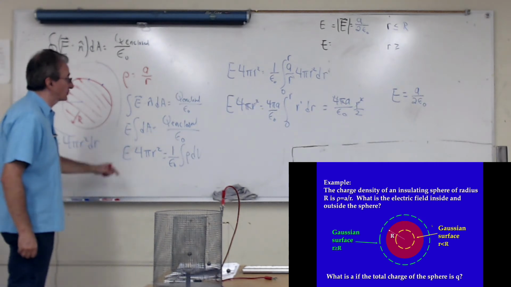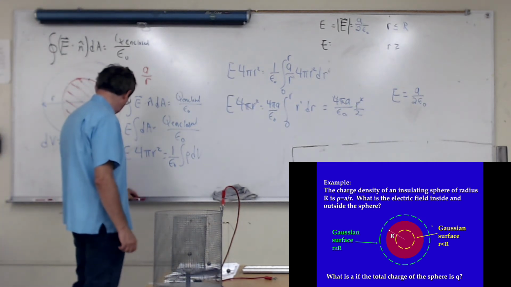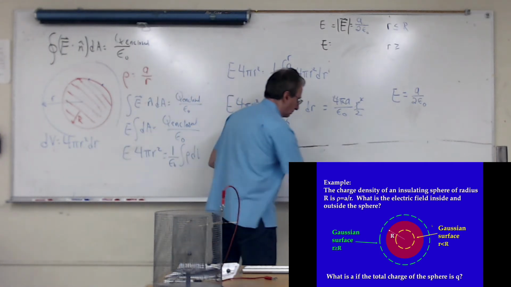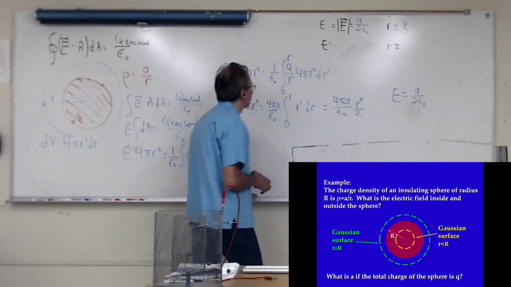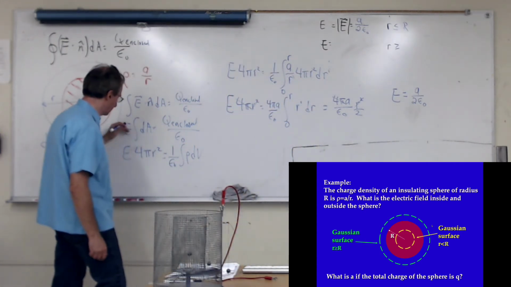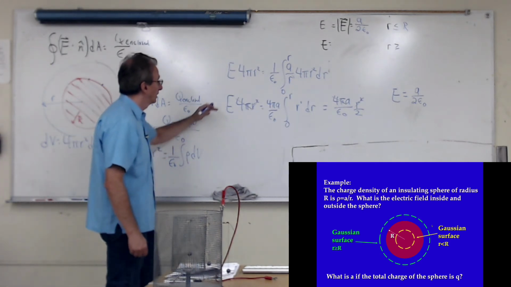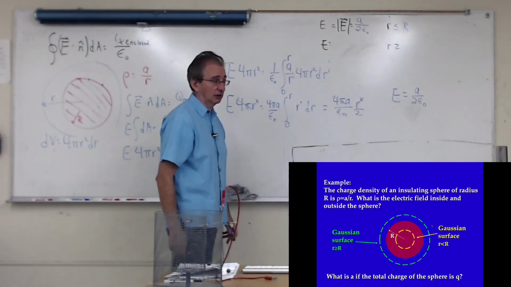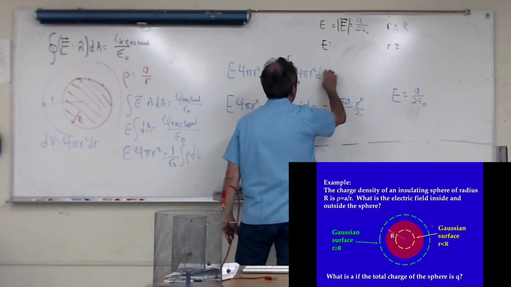Everything proceeds the same way. You're going to get this expression, this expression, this expression, and then you get to here. There's only one thing you have to change here, and I don't have to do the dummy variables here.